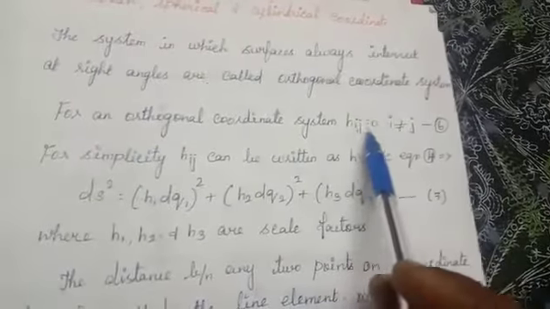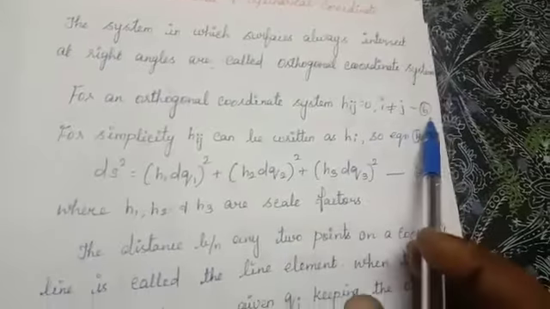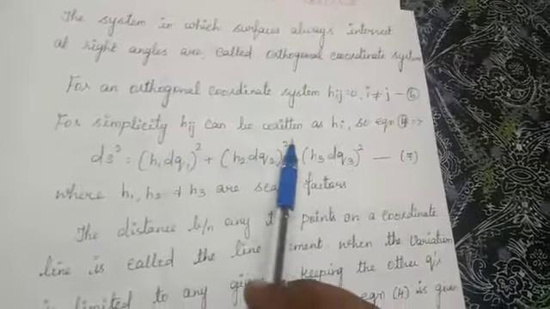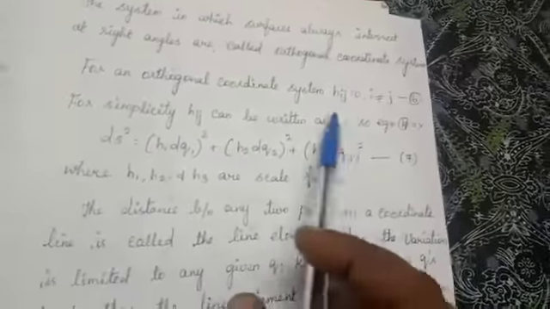The system in which the surfaces always intersect at right angles is called an orthogonal coordinate system. For an orthogonal coordinate system, hij equals 0 for i not equal to j. So hij can be written as hi.